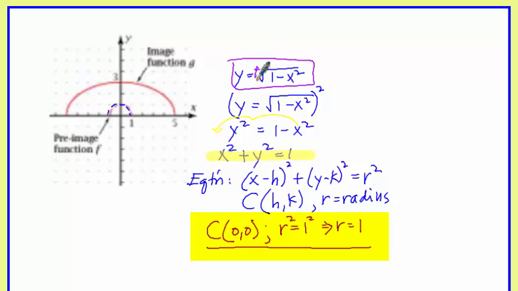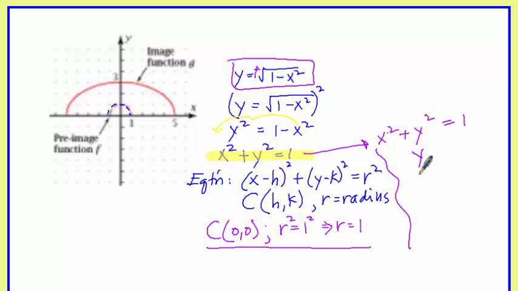How? By putting this again in that form, by solving for y: x squared plus y squared is equal to 1, so y squared is equal to 1 minus x squared, and our y will be equal to positive or negative square root of 1 minus x squared.